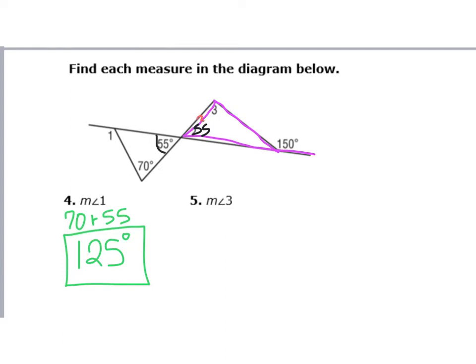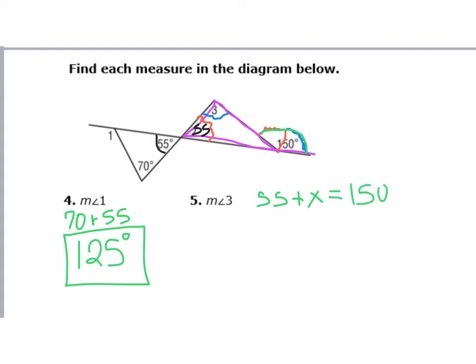I know if I take this 55-degree angle and I glue it out here, and I take angle 3, whatever it is, and I glue it out here, I know that together they'll make this angle here. So my 55-degree angle plus that angle 3 that I don't know, that I'm trying to find, together will make 150.